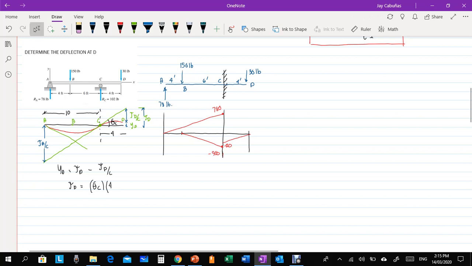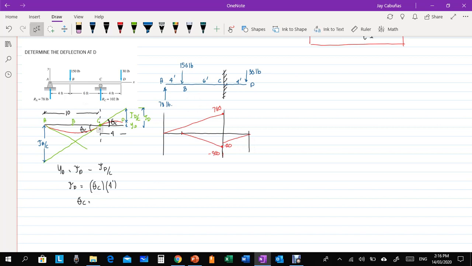That is our deviation at D. Now, how to find angle C? We know that since it is continuous at point C, at joint C, our theta C is equal to this angle here. This is also our theta C here. Our two angles are equal.